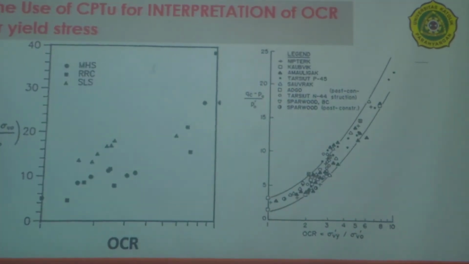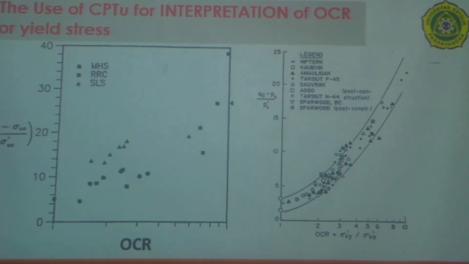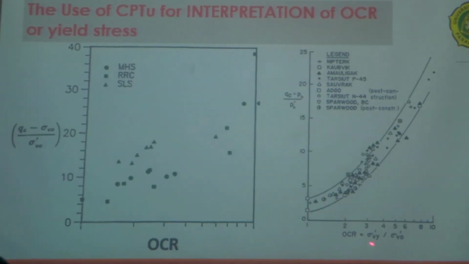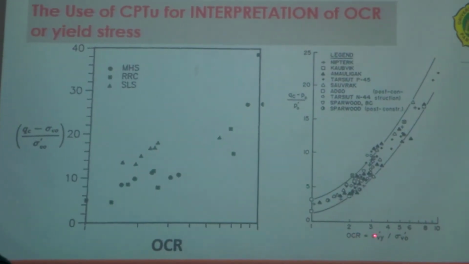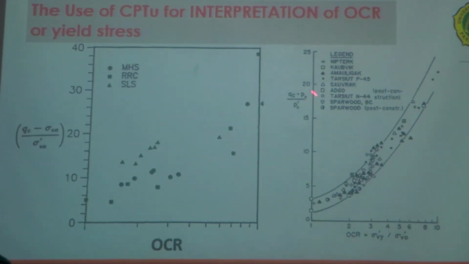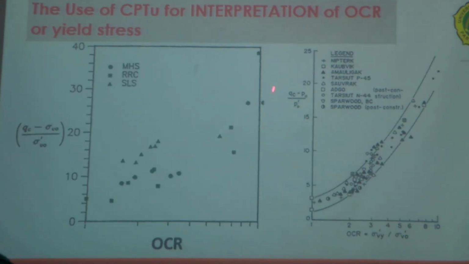Very important also this one. Look at this. This is the OCR, which is the pre-consolidation stress divided by vertical effective stress. This is QC minus P sub 0 divided by P sub 0 prime. What happened? This one is closely related to the OCR.